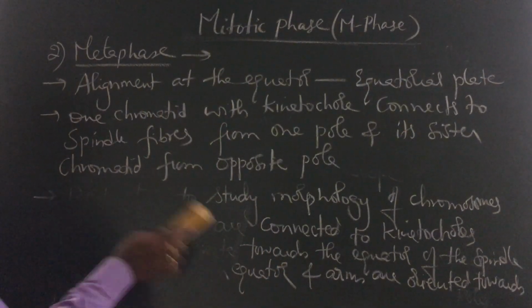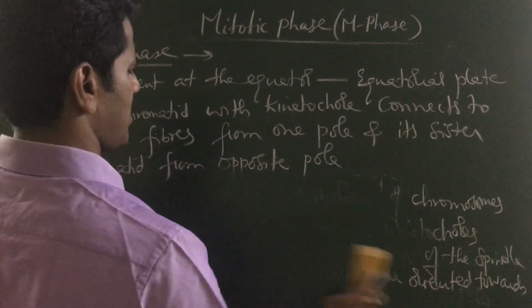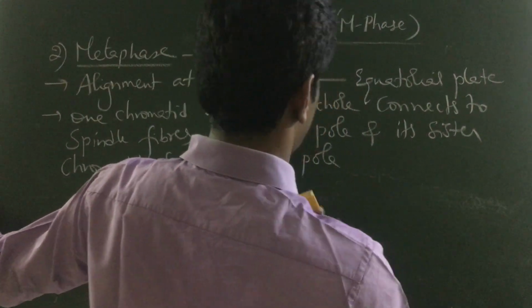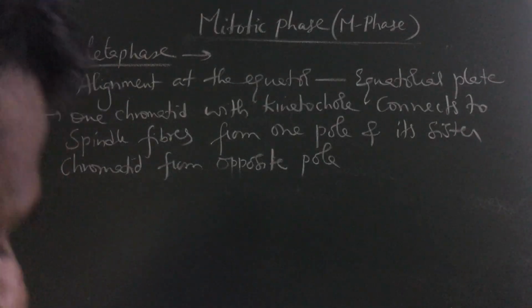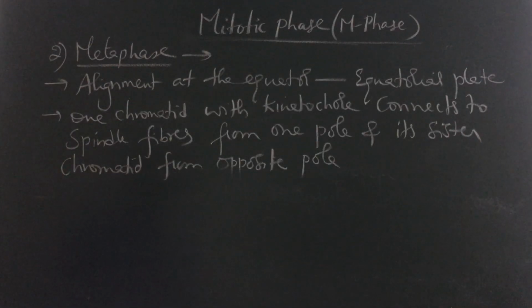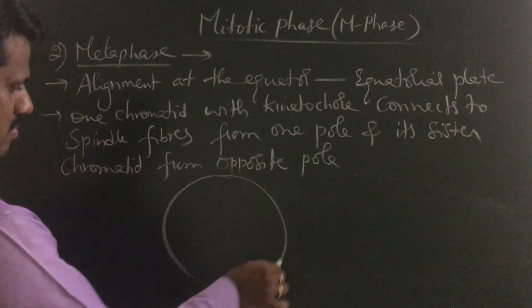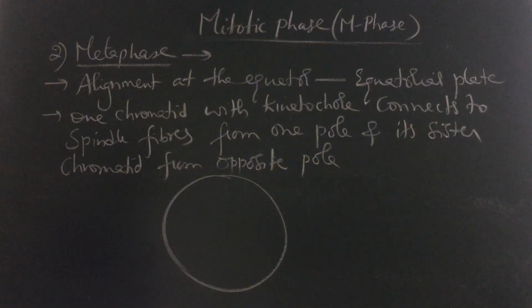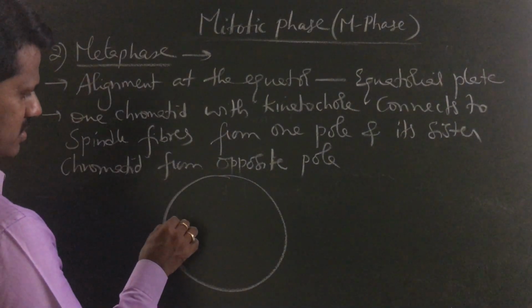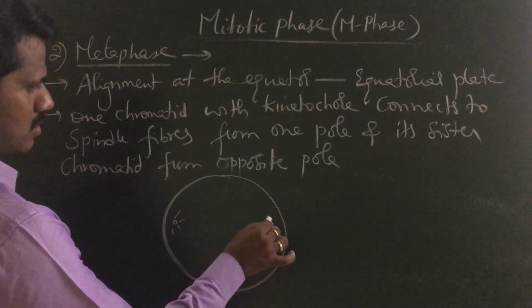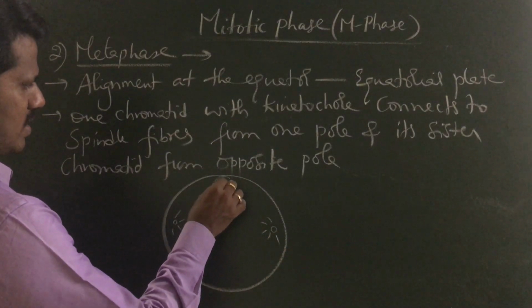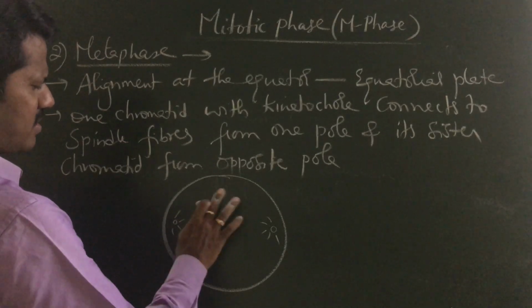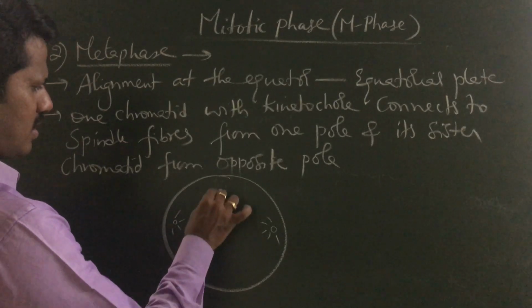Let us see diagrammatically how they are. When we represent centrioles at the poles, the chromosomes will align to the line of the equator. Suppose I draw only a big chromosome.